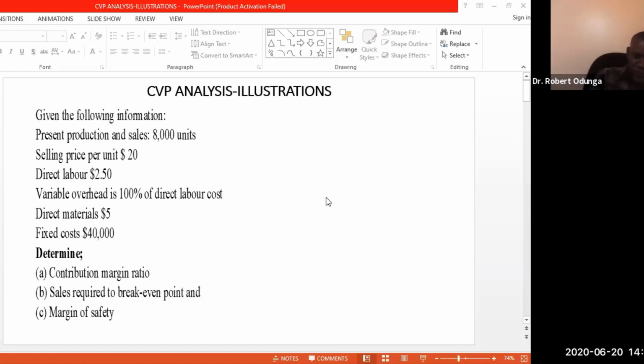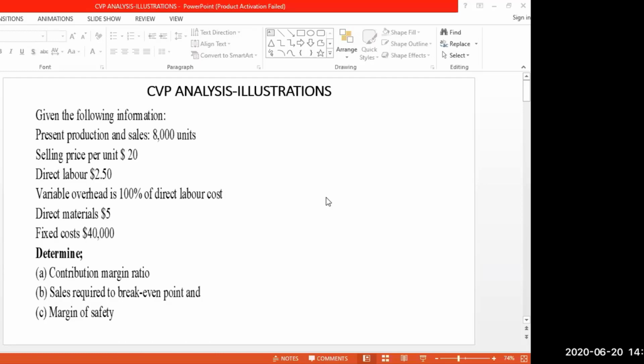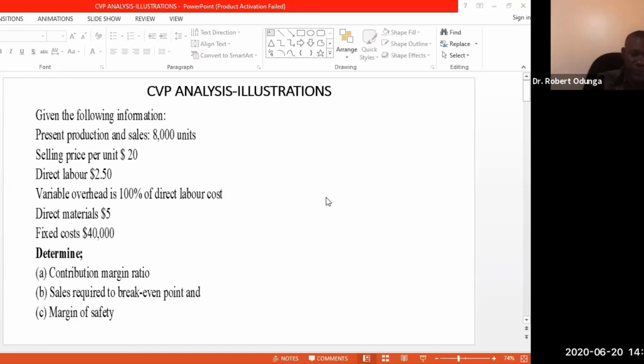Okay, so we've been given the data here, we want to achieve 8,000 units. Our selling price is 20. Our direct labor cost is 2.5. And then the variable overhead or variable cost is 100% of direct labor. And then our direct material cost is $5, could be per kg or something like that.